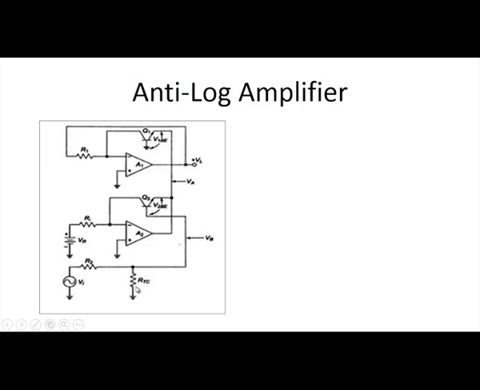This is a temperature compensated anti-log amplifier, since we have used a thermistor in place of one of the potential dividers. Vi is given to the base of the transistor Q2, which is in one of the logarithmic amplifiers. A2 is a logarithmic amplifier here, and V reference is again given as the input of the same amplifier, and the output voltage V out is taken at the input of the next amplifier A1.